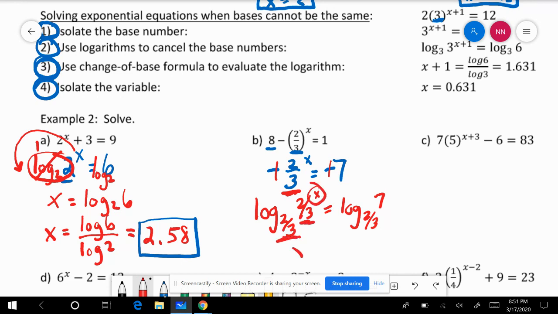So the x is by itself. We're going to do the change of base formula: log of 7 divided by log of 2/3. And that gives us an answer when we plug it into the calculator of negative 4.80.